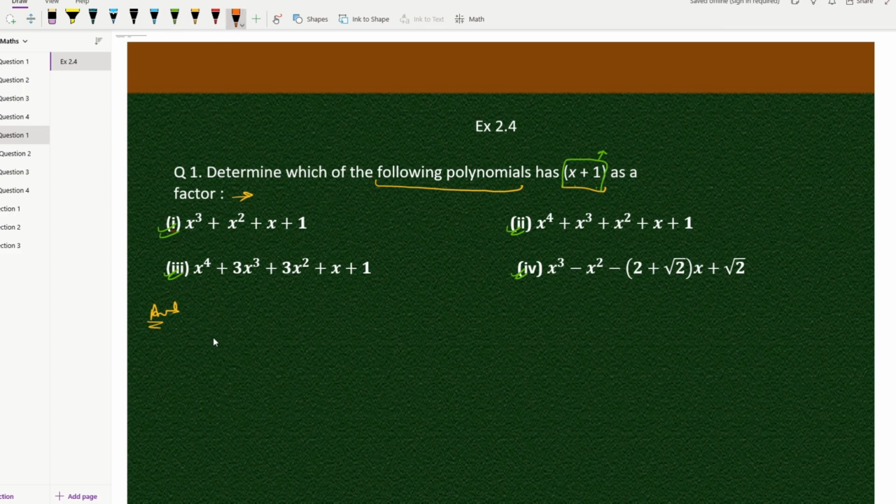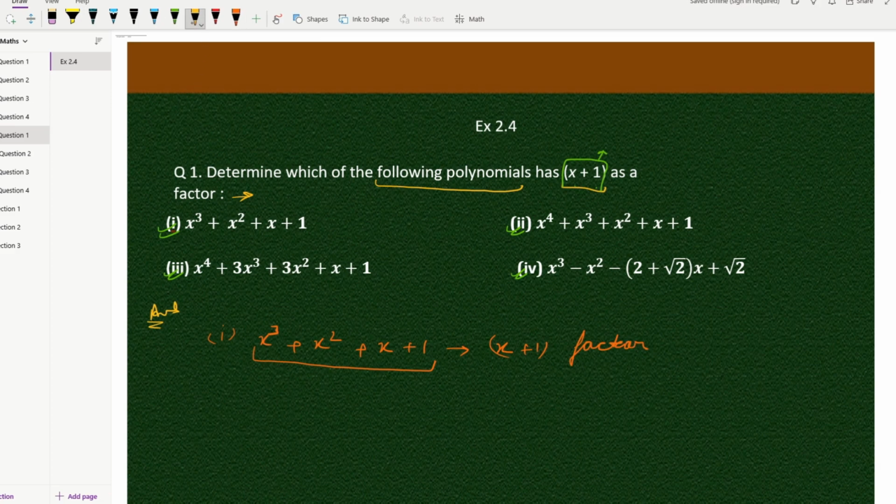So let us check for the first case, that is x cube plus x square plus x plus 1. You have to check whether this polynomial has x plus 1 as a factor.